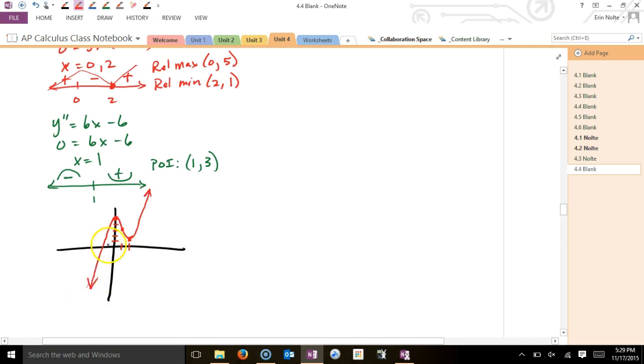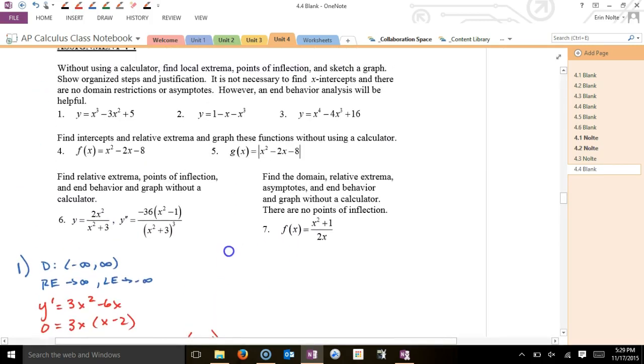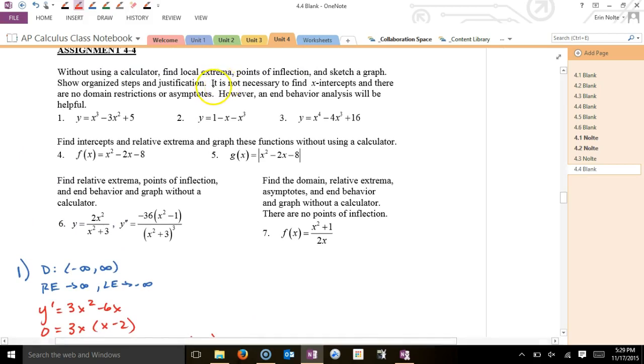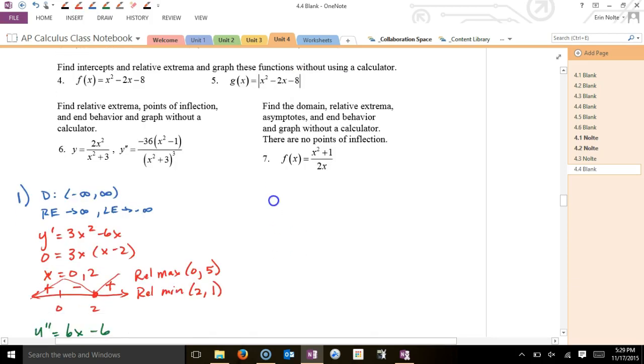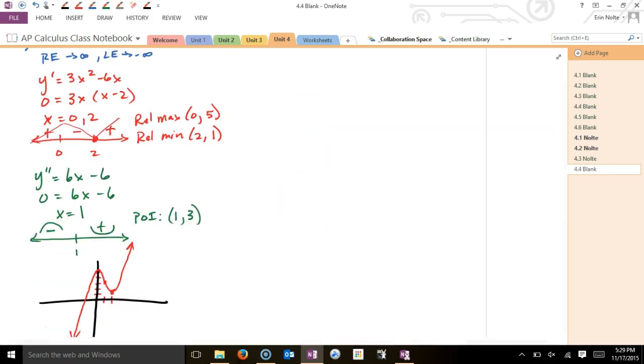So maybe if I wanted to be more exact, I could find that last intercept, but I think that's pretty good. That's pretty much answering all of the things that they want us to do. It says it's not necessary to find x-intercepts. So I'm not going to do it if they say it's okay.